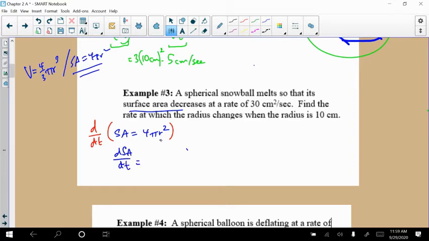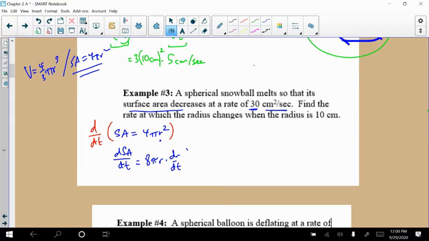And remember, r is a variable, so the 2 comes in front, so it's 2 times 4 is 8 pi, constant, r, and then dr dt. And again, I like this label. It's a rate: the rate that the surface area is changing with respect to time. This is the rate the radius is changing with respect to time. And they give us a value of 30, which is already appropriately labeled: 30 centimeters squared per second.